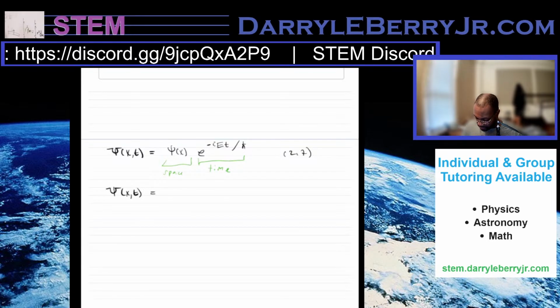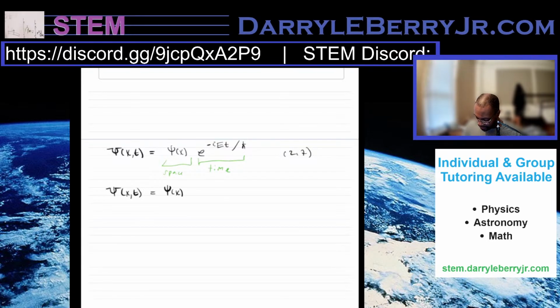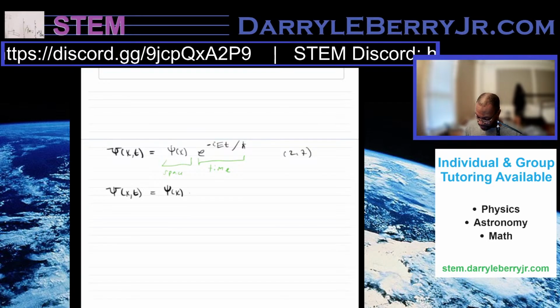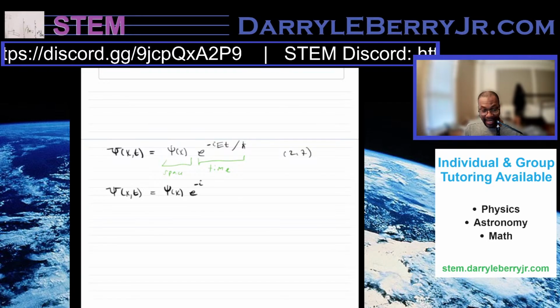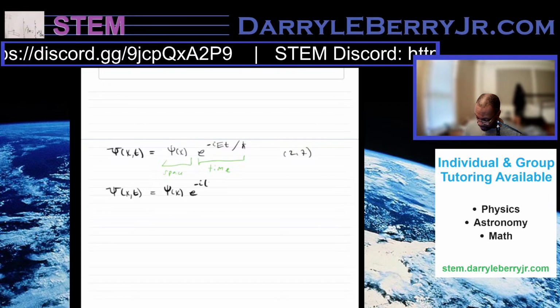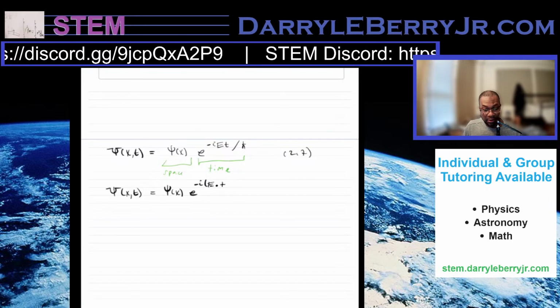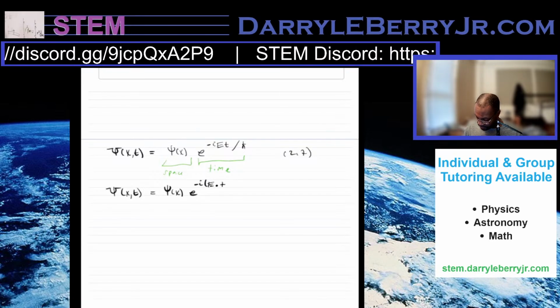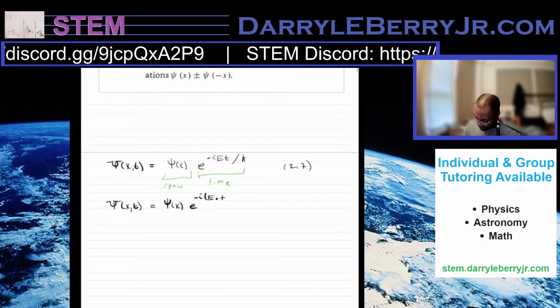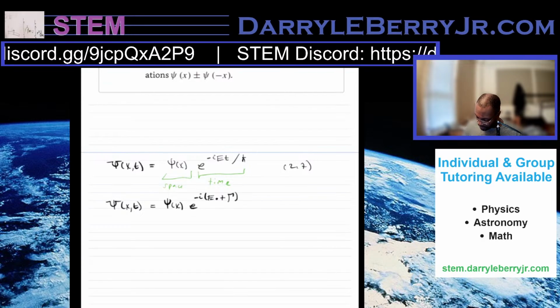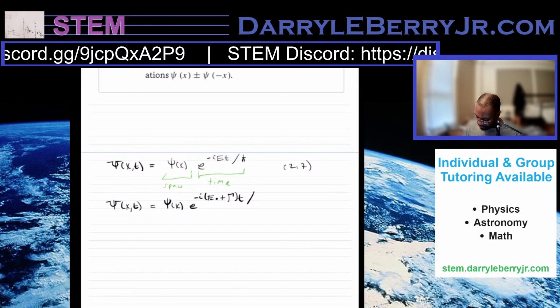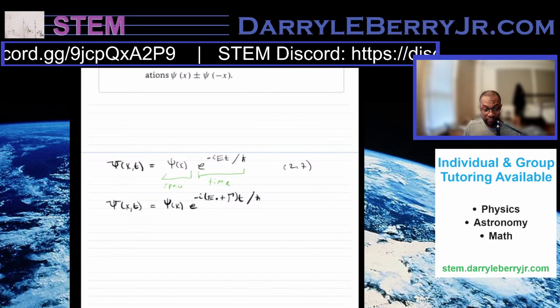So this is going to then become psi of x times e to the negative i, E naught plus i lambda, t over h bar.